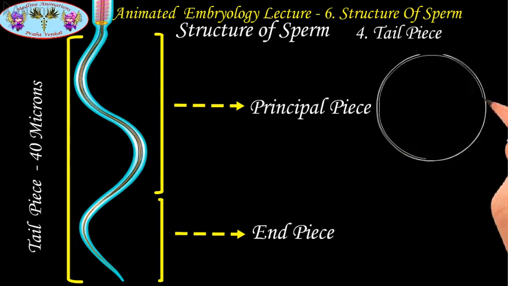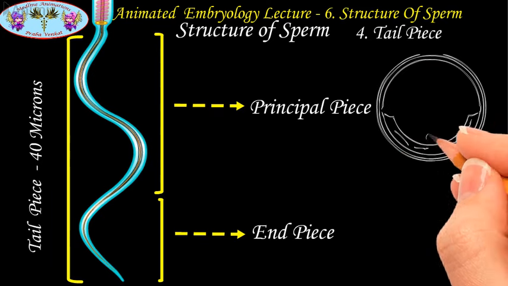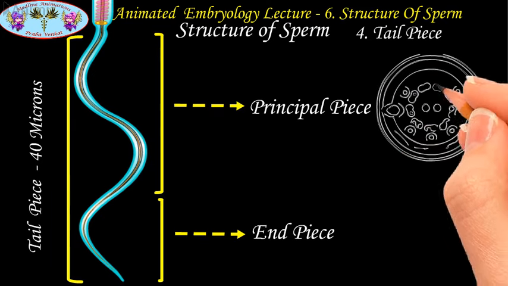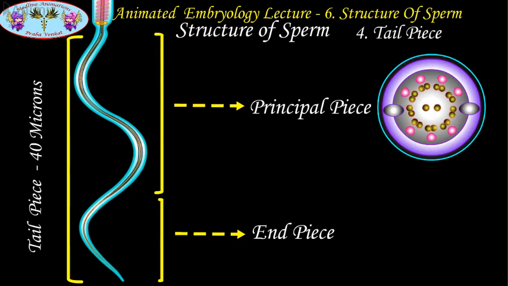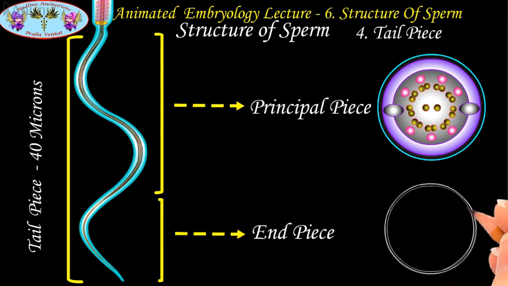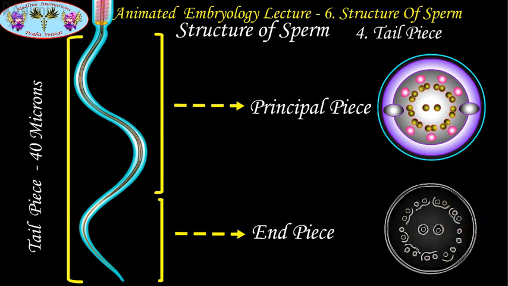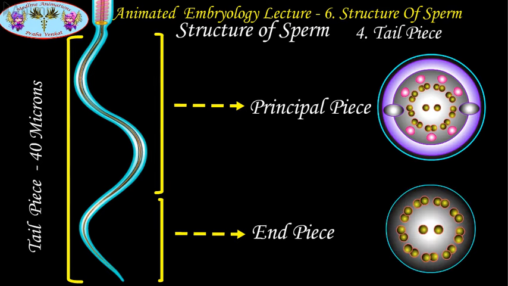In the principal piece, the axial filament shows 9 plus 2 arrangement with 7 dense petal filaments around it. But in the end piece, the axial filament shows only 9 plus 2 arrangement without any dense petal fibrils. The sperm as a whole is covered by the plasma membrane and has only a little cytoplasm in it.